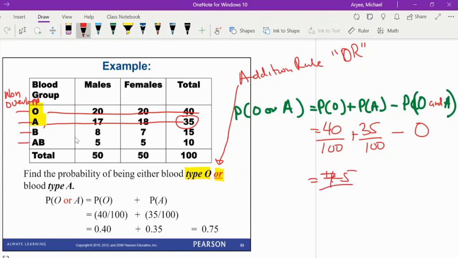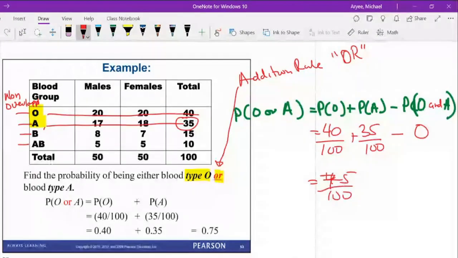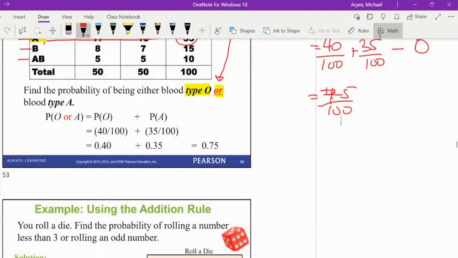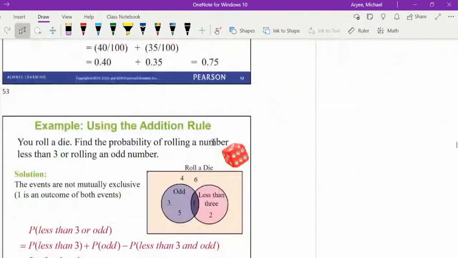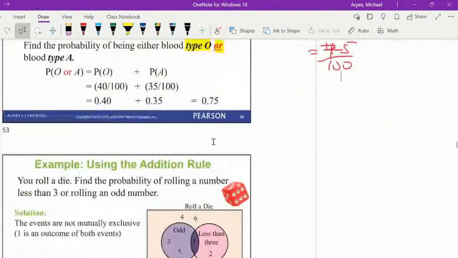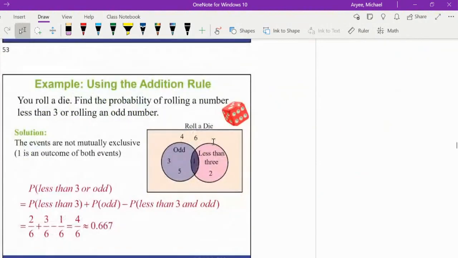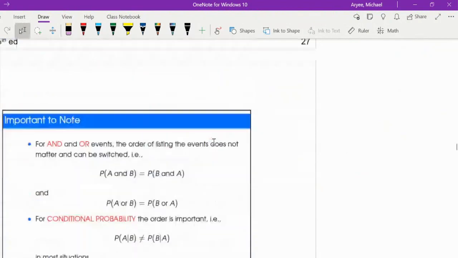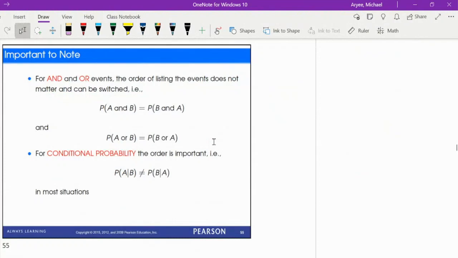That would be 75 over 100. So take note of this also. These are just additional examples that you have.